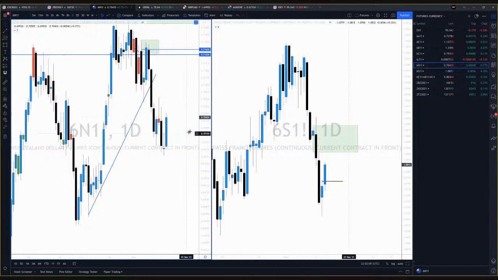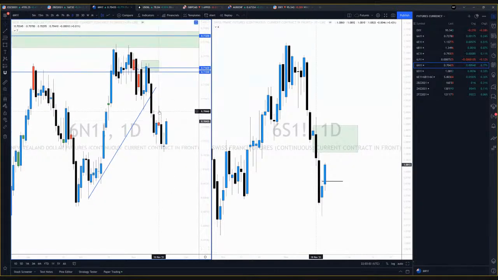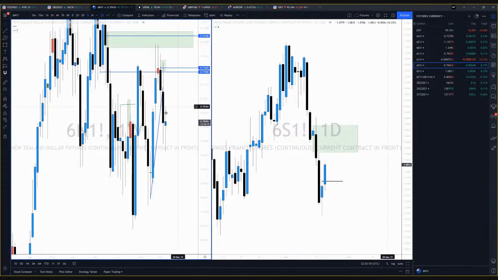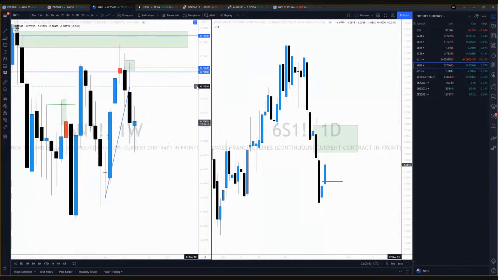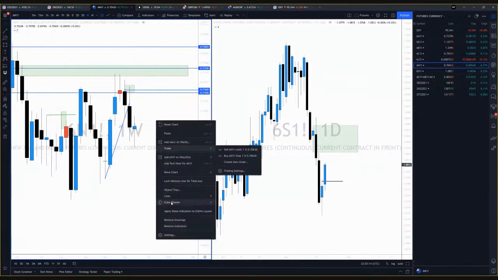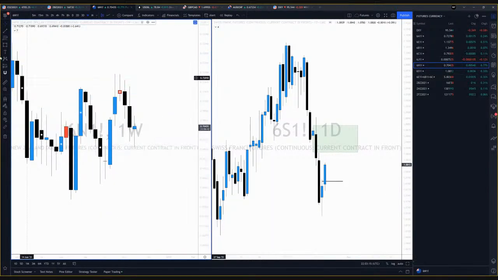I don't like New Zealand because it has also traded into this. On the weekly, we are yet to trade down. We've not reached the level we need to reach. We need to reach here. Actually, we did. We have reached it.